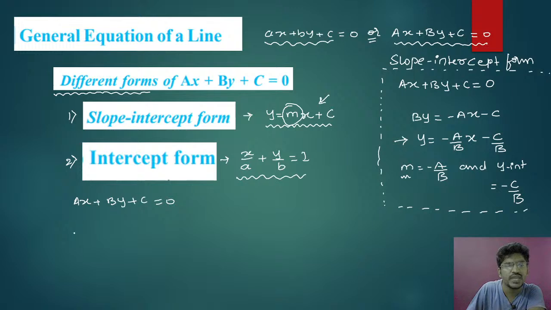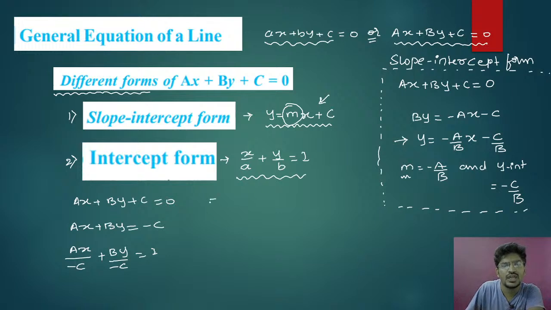So for this you can see here, I will take ax plus by equal to minus c. From this you can understand, divide both sides by minus c. That will be ax divided by minus c plus by divided by minus c equal to 1.